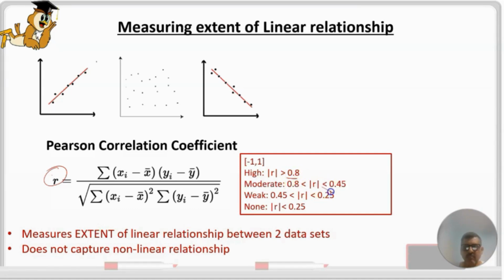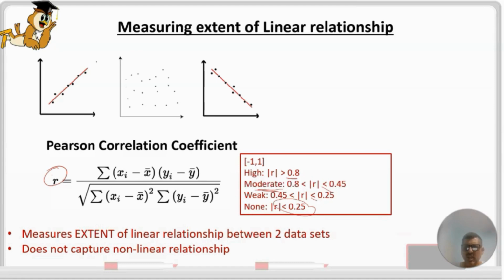Between, let's say, 0.8 and 0.45, you would consider it a moderate level of linear correlation. 0.45 to 0.25, let's say, would be weak. And if the magnitude of R is less than 0.25, you would consider the two data sets as not having a linear relationship.